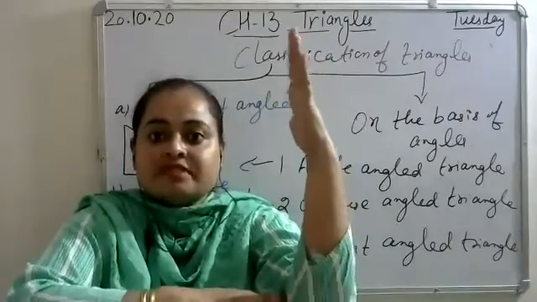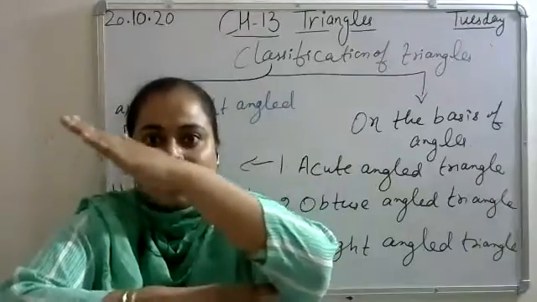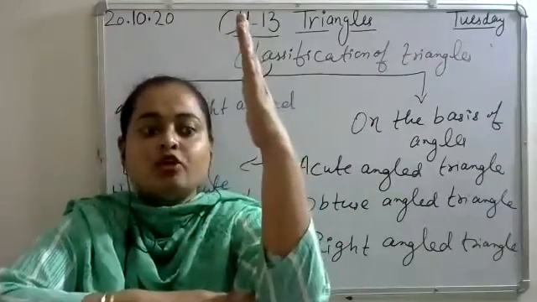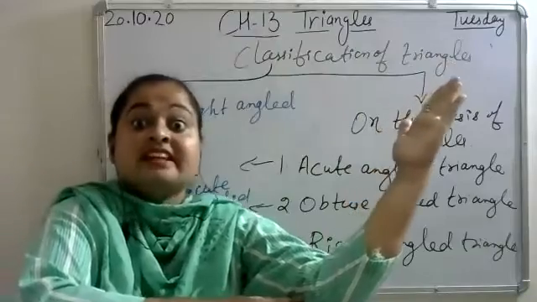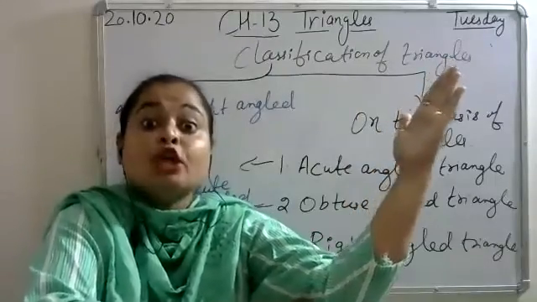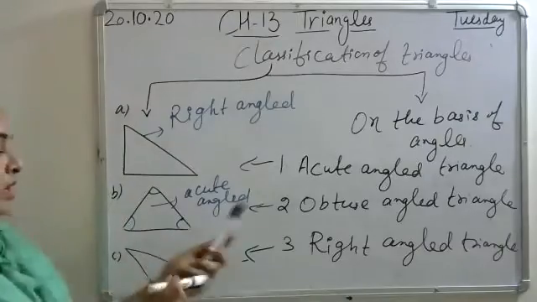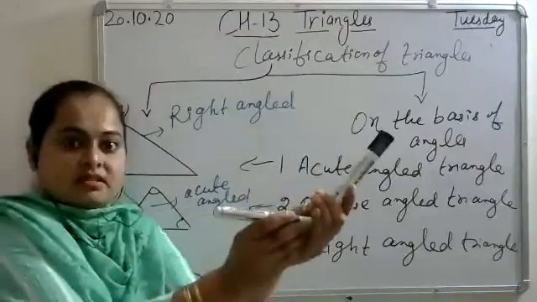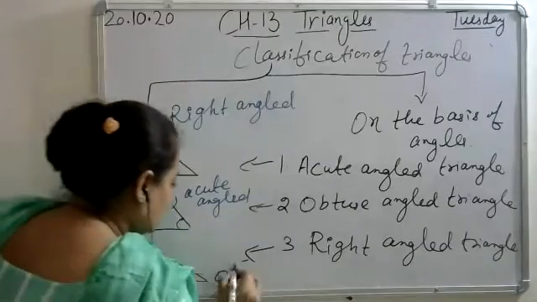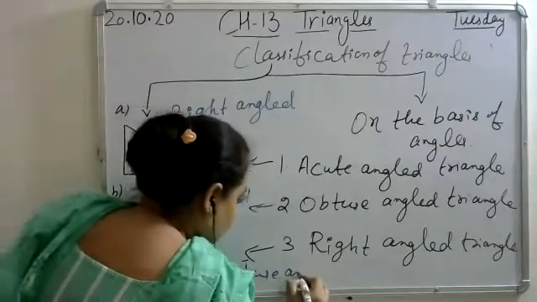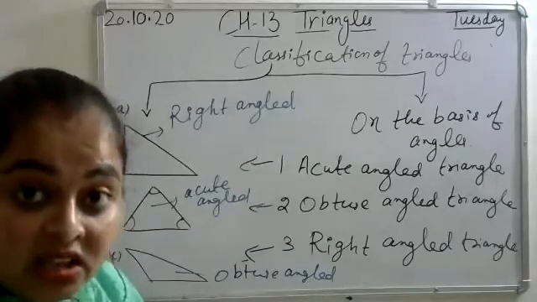Whenever you will observe something V shape, less than 90, acute, and whenever you will observe outer, greater than 90, it means obtuse. So don't cram anything.